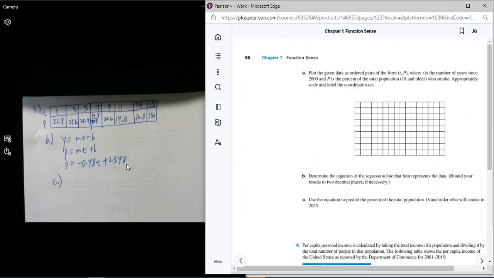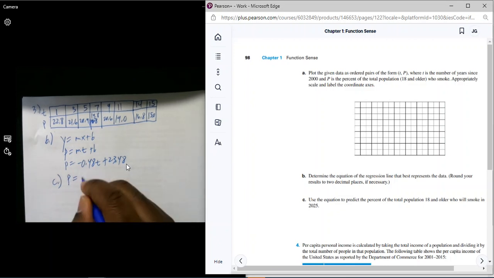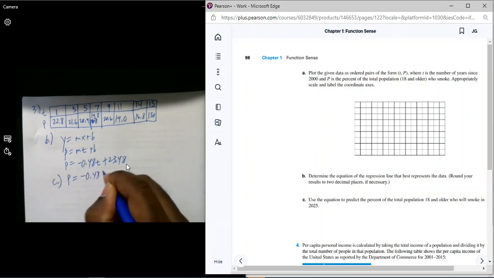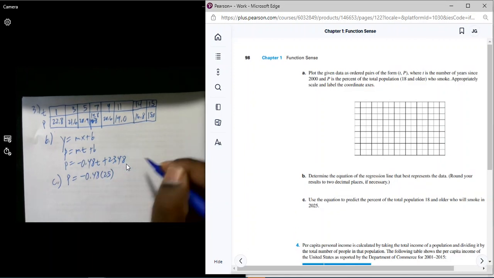Now we go here to C. With C, it says use the equation to predict the percent of the total population 18 and older who will smoke in 2025. Now remember, we did everything since 2000. So 2025 will be 25 years from 2000. So since we only have one question here, we could just substitute in 25 for T, because that's the years since 2000.